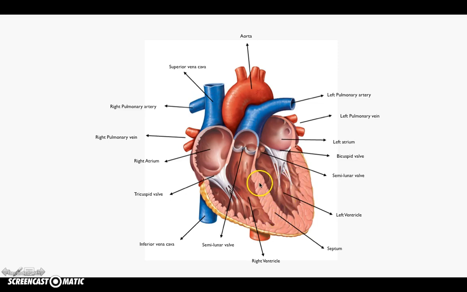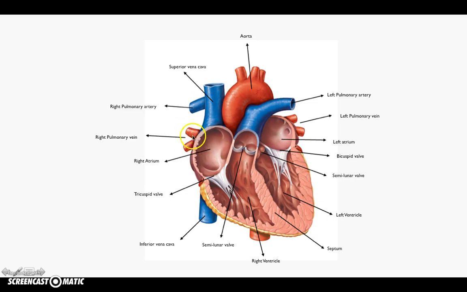This part of the heart is called the septum. Then we've got the right ventricle here. Another semilunar valve at the top of the ventricle. You've got the tricuspid valve here that prevents the backflow of blood from the right ventricle to the right atrium. This is the right atrium.